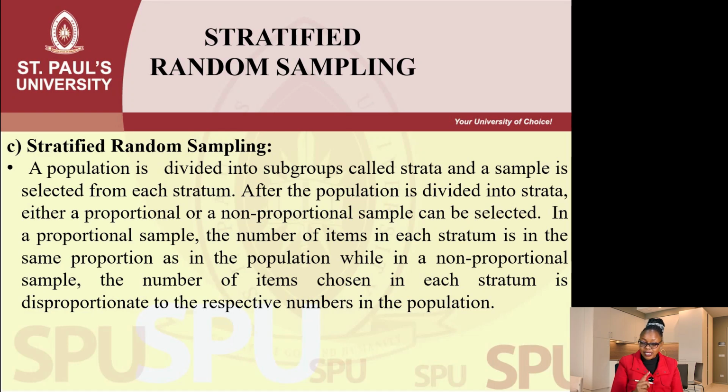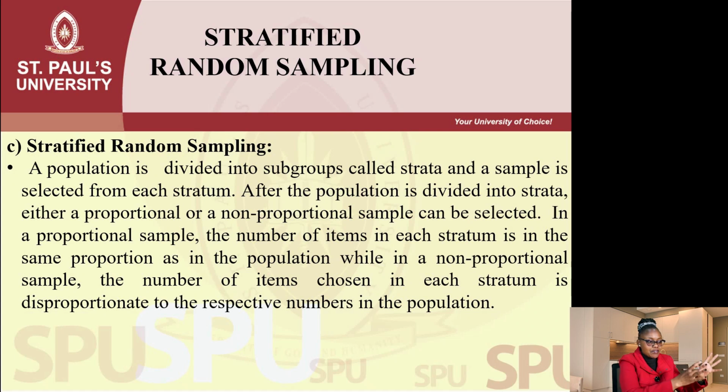And if it is one, it is called a stratum. So for stratified random sampling, divide the population into subgroups. Then after that, from each stratum, you pick the number of people or items from each stratum. They could be proportional.